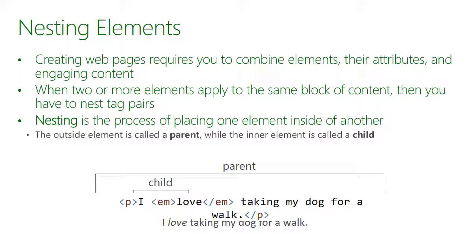The outside element is called a parent, while the inner element is called a child. And you can see this on the example there. So the parent element is the P element, and then within it you have the child element, which is M for emphasis. And you can see underneath how that comes out when it's actually on the document.